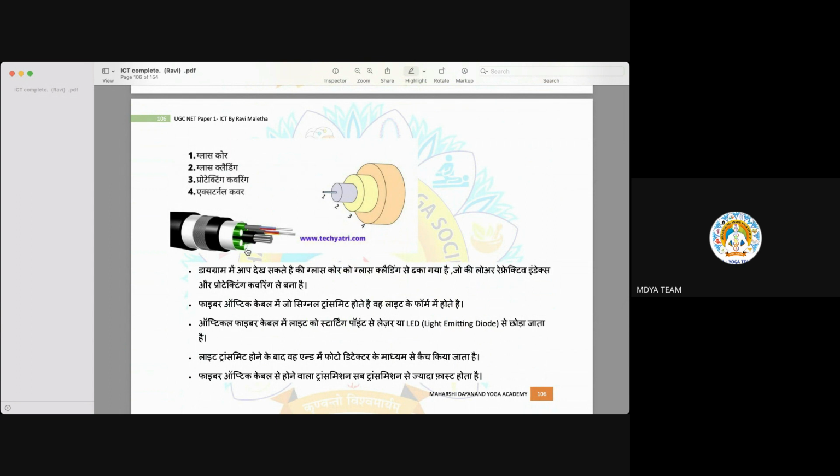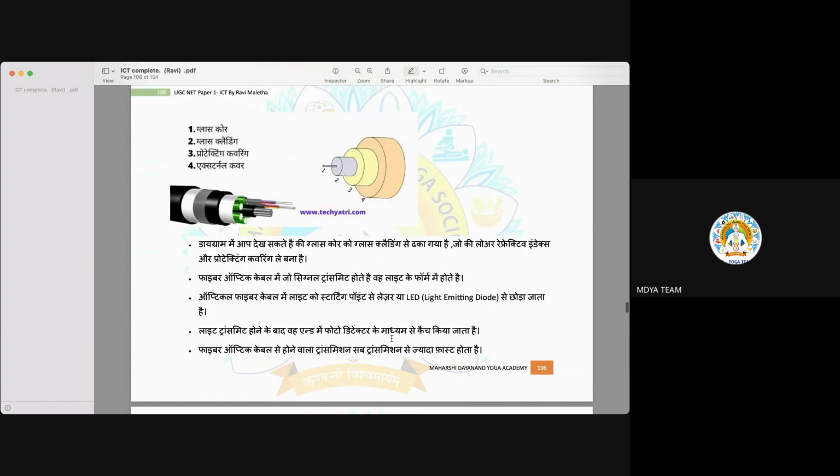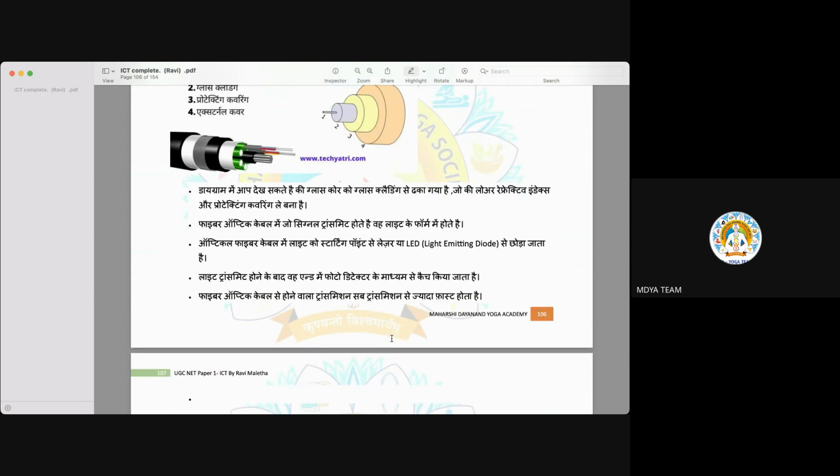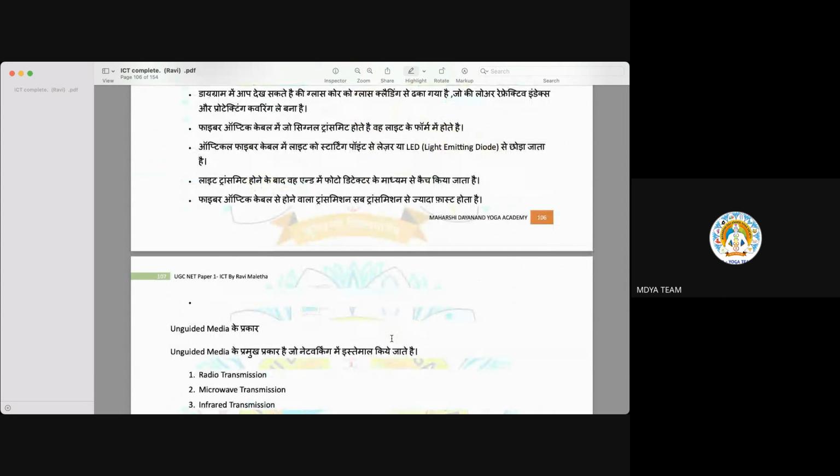So within a cable, there are many wires. Here we use light waves to transfer the data, laser beams, and they are connected with LEDs. So this is another transmission media.